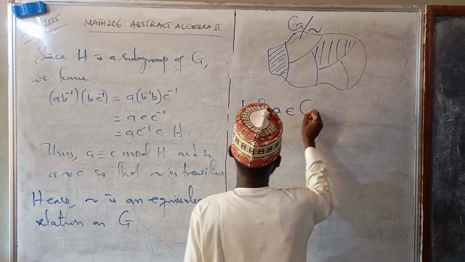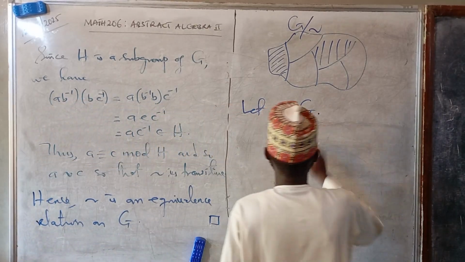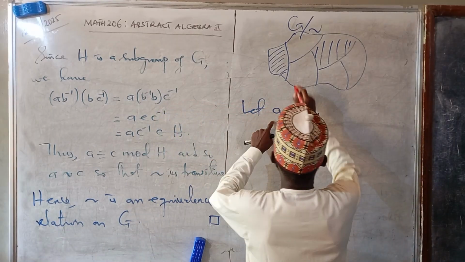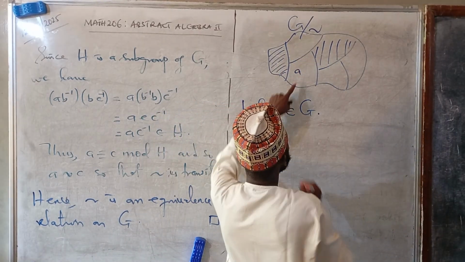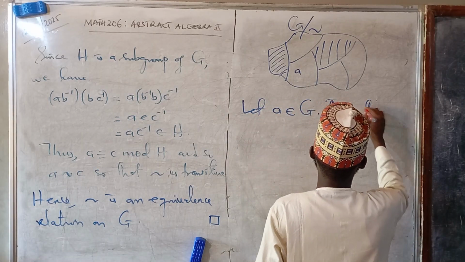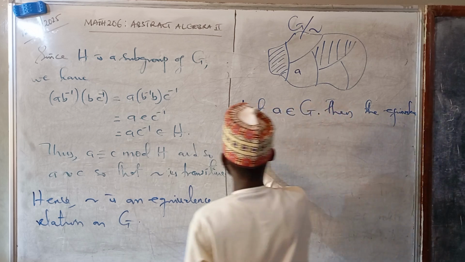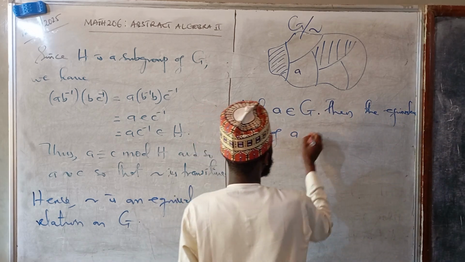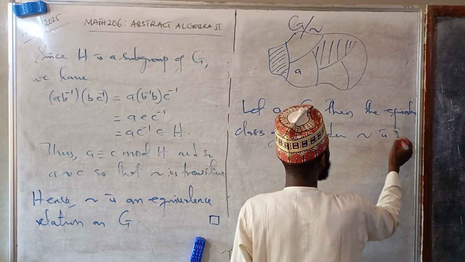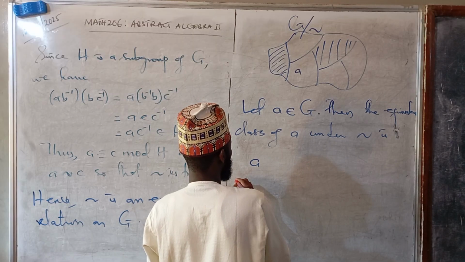Let A be an element in the group G. Since we know already that this delta is an equivalence relation, the class of A, assuming A is here, is this class. The equivalence class of A under the relation delta, you can write it as A bar.